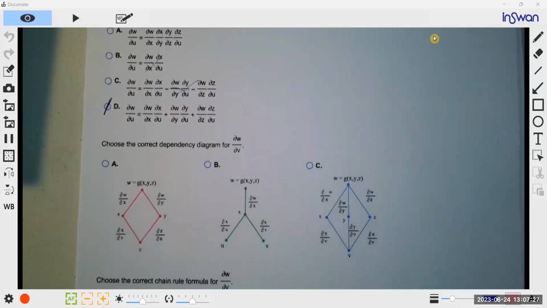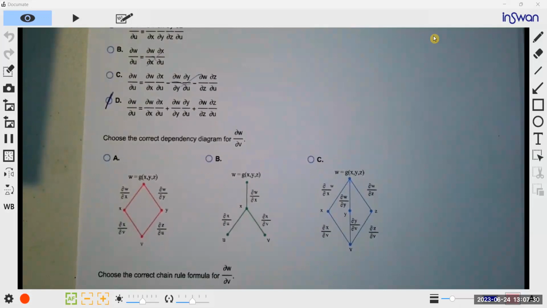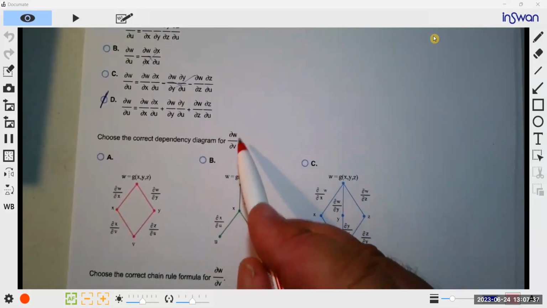Write the correct dependency for D. For w with respect to v.